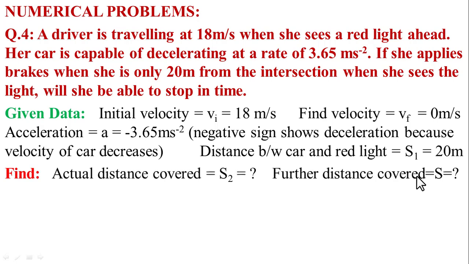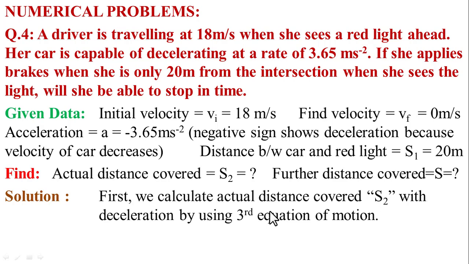Now we can find the actual distance covered S2 and the further distance covered S. First of all we calculate the actual distance covered S2 with the deceleration by using the equation of motion. In the third equation of motion, 2aS is equal to Vf square minus Vi square. Then S2 becomes 44.4 meter after putting the values.